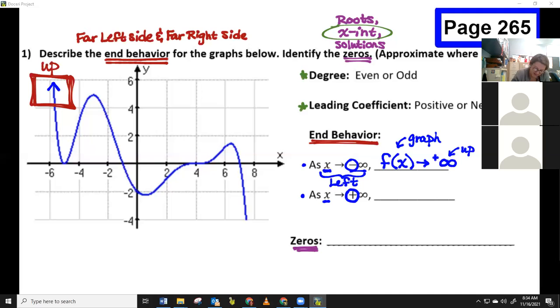This is the right side of the graph. X-axis, positive numbers, that's the right end. So let's go look at the right end of this graph and see what it's doing. So I'm looking right here. If I were to draw an arrow on the right end of that graph, which way would it point? Down.